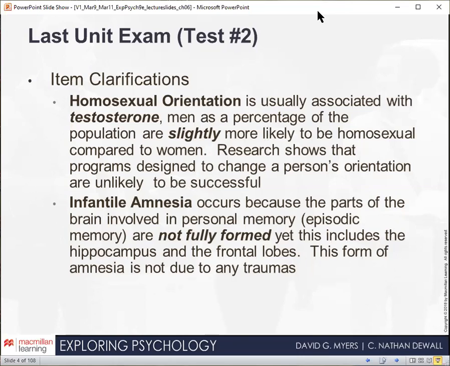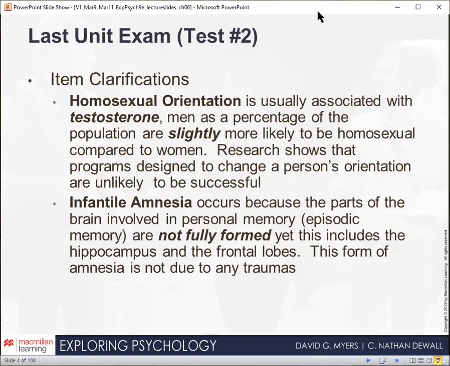So it's only a slight lead that men have on a greater likelihood of being homosexual compared to women in the population. Research also shows that programs designed to try to change a person's sexual orientation are unlikely to be successful. In fact, some have deemed them to be somewhat harmful.